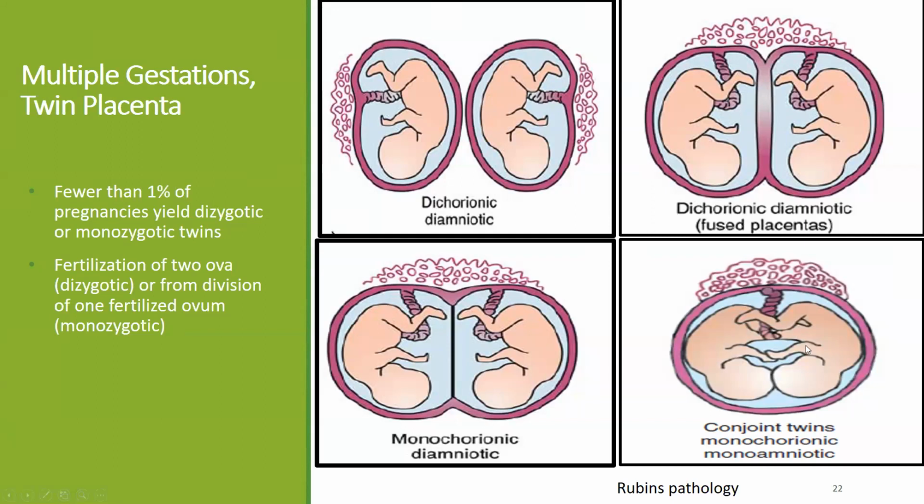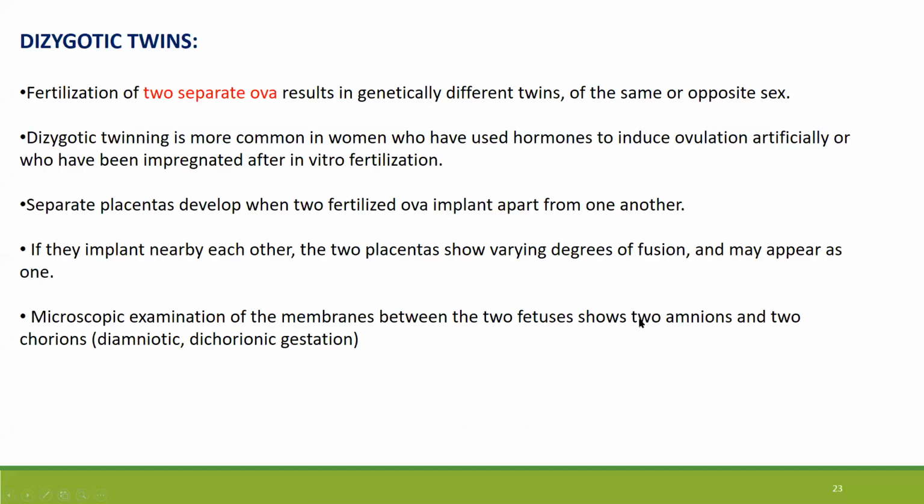Monochorionic monoamniotic. So both fetuses have the same chorion and the same amnion. This is extremely rare. Usually we see dichorionic diamniotic, dichorionic diamniotic fused, and monochorionic diamniotic. It's extremely rare to see monochorionic monoamniotic.